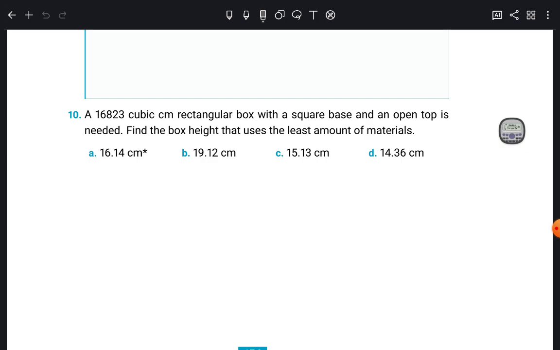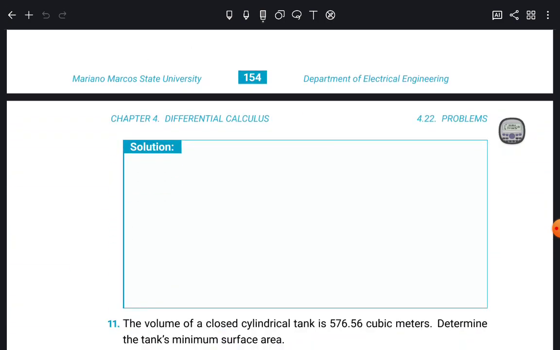And this is not just a simple box, but it's a box that has an open top. So if we draw the box, so we have an open top box. If we try to minimize the material, actually what we are minimizing is the surface area. So this is an open box.